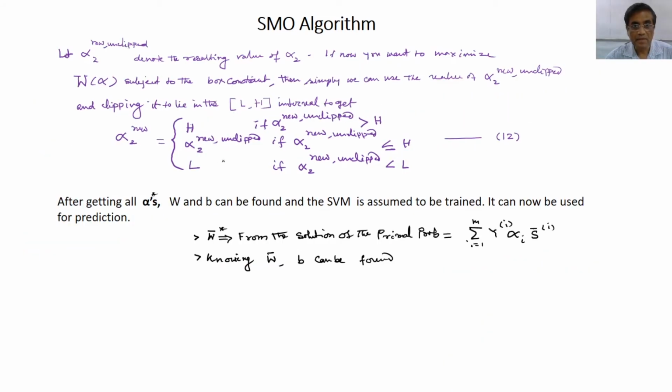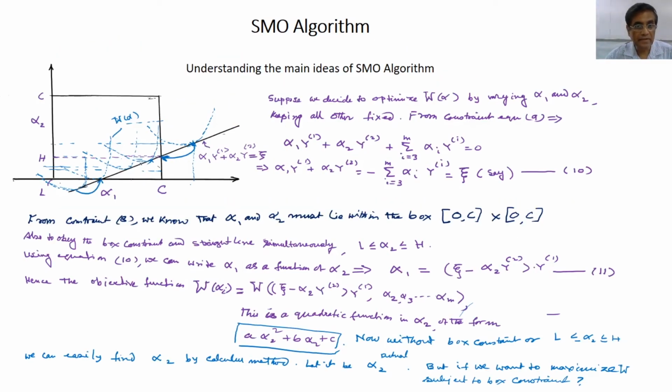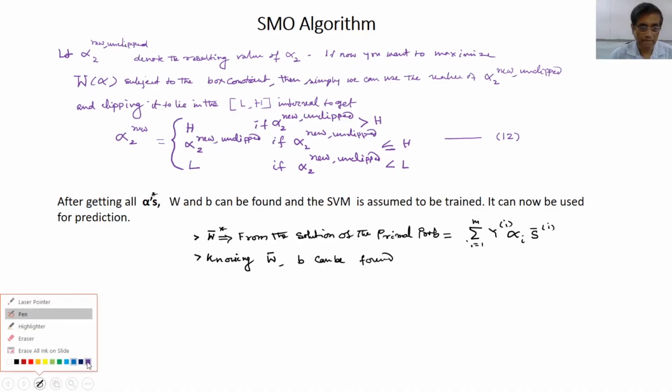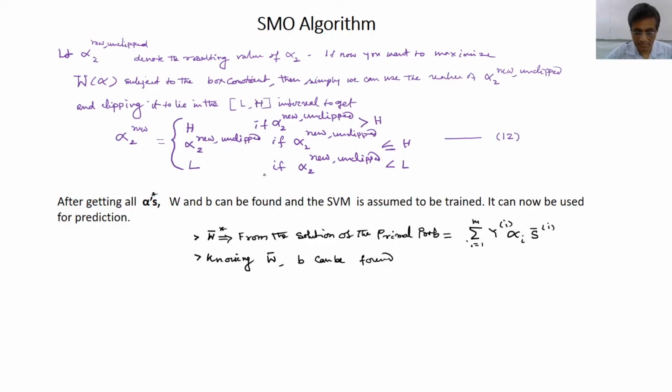That means if any solution is within this zone, within the box constraint, then it will be as it is, and it will be L if alpha 2 new unclipped is less than L. These are very simple observations which you can make from the figure, so pictorially we have seen.